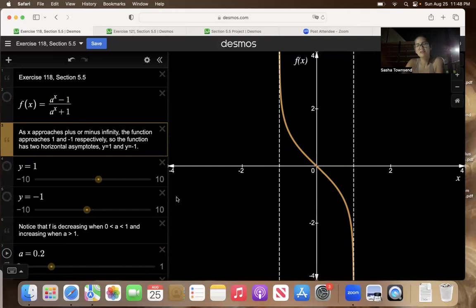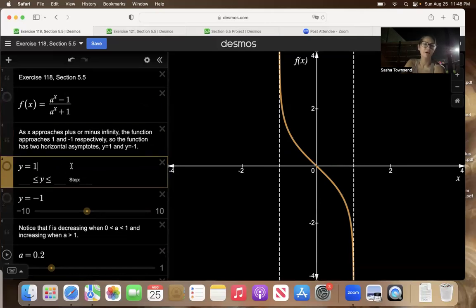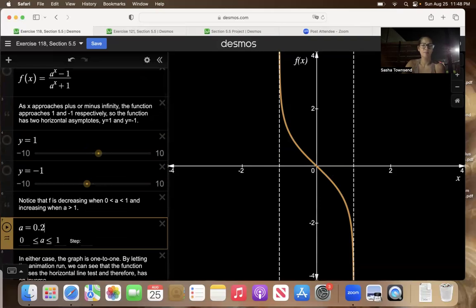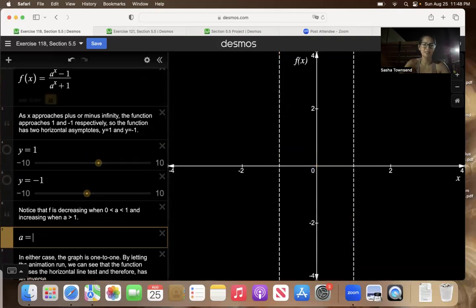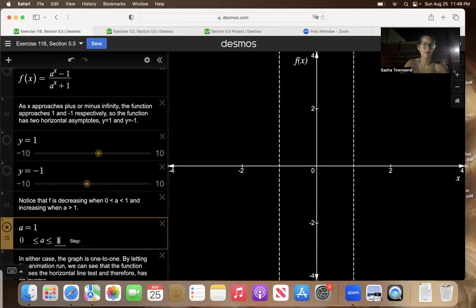And so we said the original function f of x was decreasing on its domain. So when you compute f inverse, it looks like this, and it's also decreasing on its domain. Now, if we want a to be greater than 1, let's say a equals 5. We'll let a be between 0 and 10 now, and let a be 5.